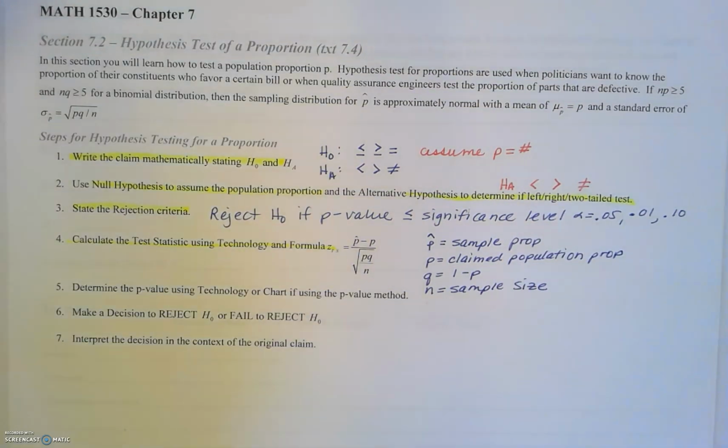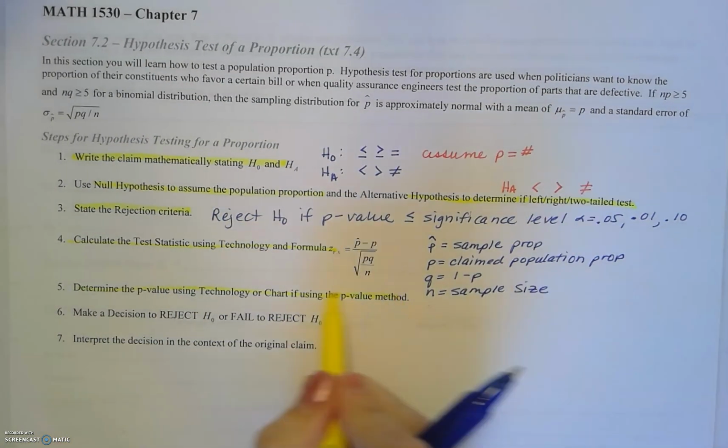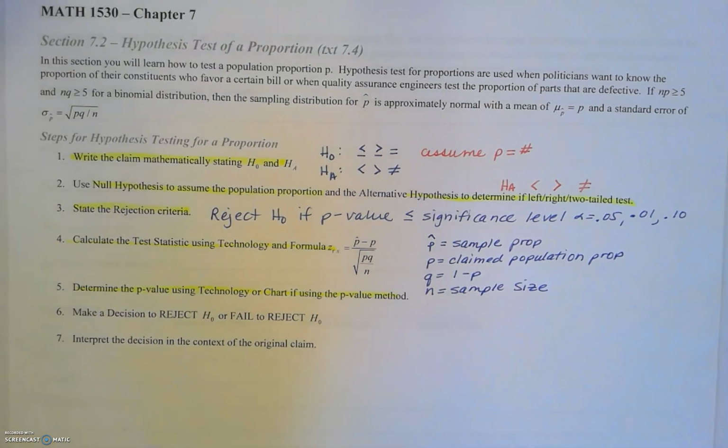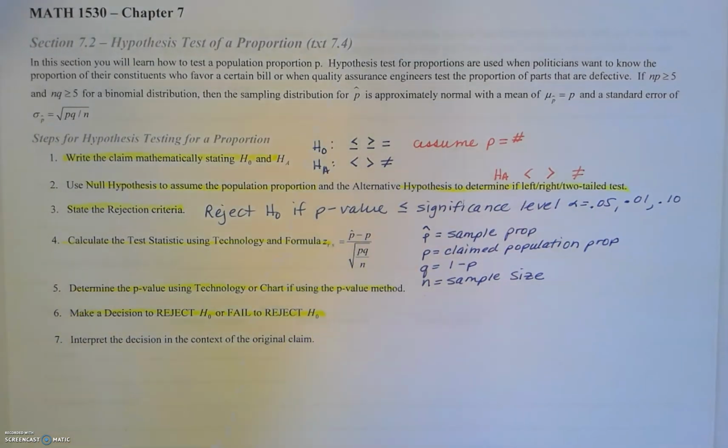Next, we have to determine the p-value using technology or a chart. So make sure you know how to use either StatCrunch, your calculator, or some other sort of technology. Next, we have to make a decision whether we reject the null or fail to reject the null.